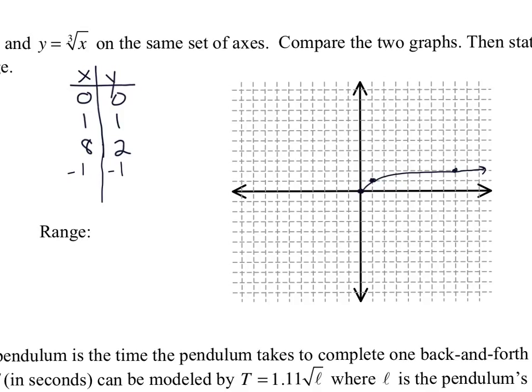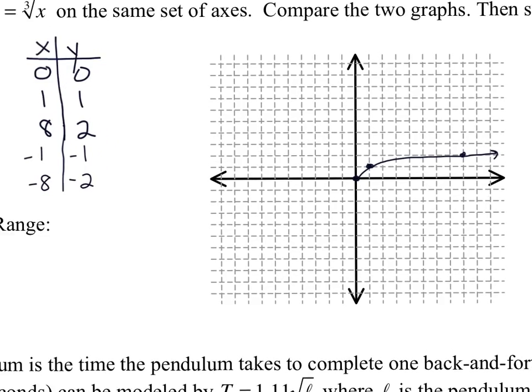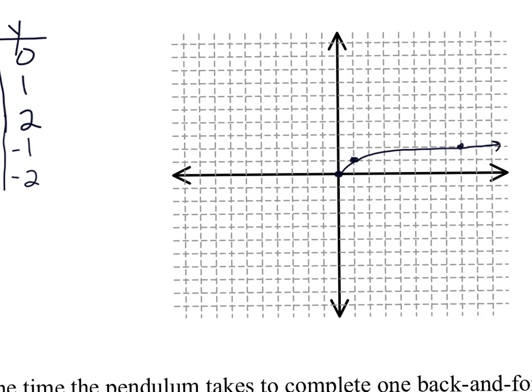And we can choose -8, because the cube root of -8 is -2. So that gives me 2 other points that I can use on my graph to create that cube root graph. So that'll be y equals the cube root of x.